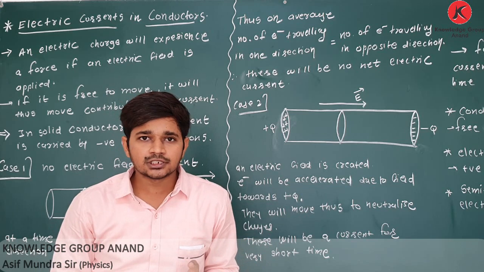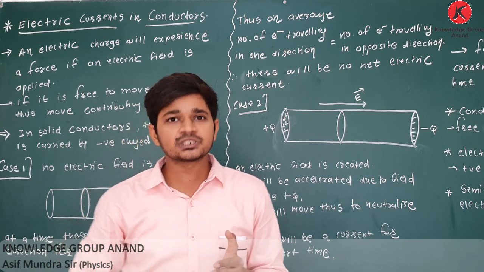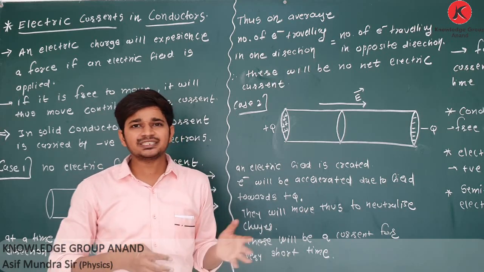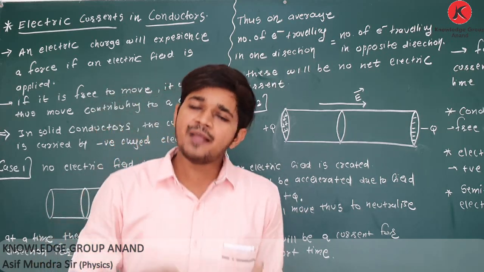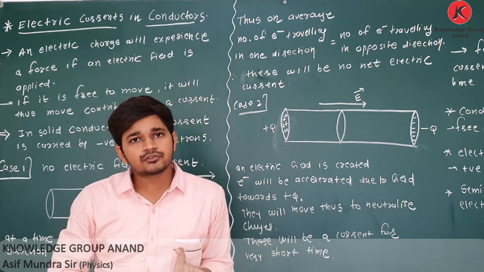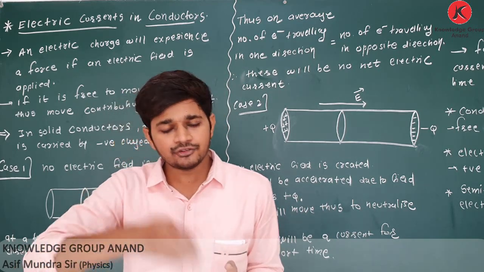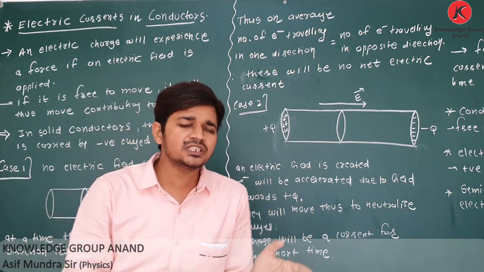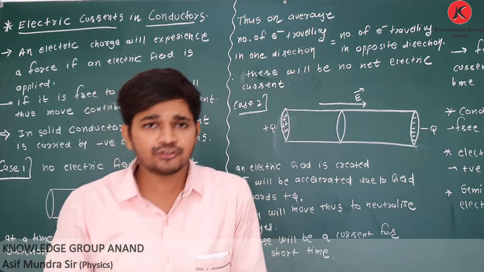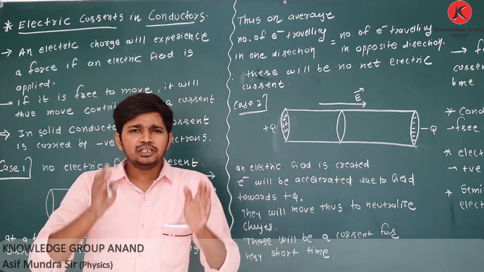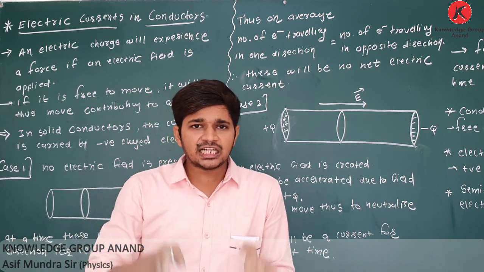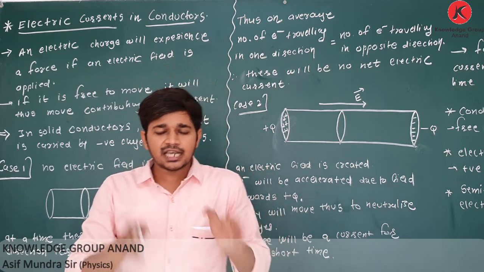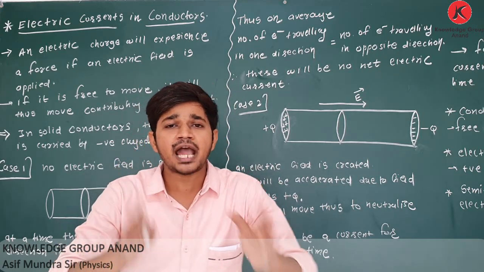Such free electrons, due to interatomic forces, attractive and repulsive, move in random directions and collide with other particles, other molecules. Due to their collisions, their direction and velocity are continuously changing. In short, these negatively charged electrons are moving in random directions.